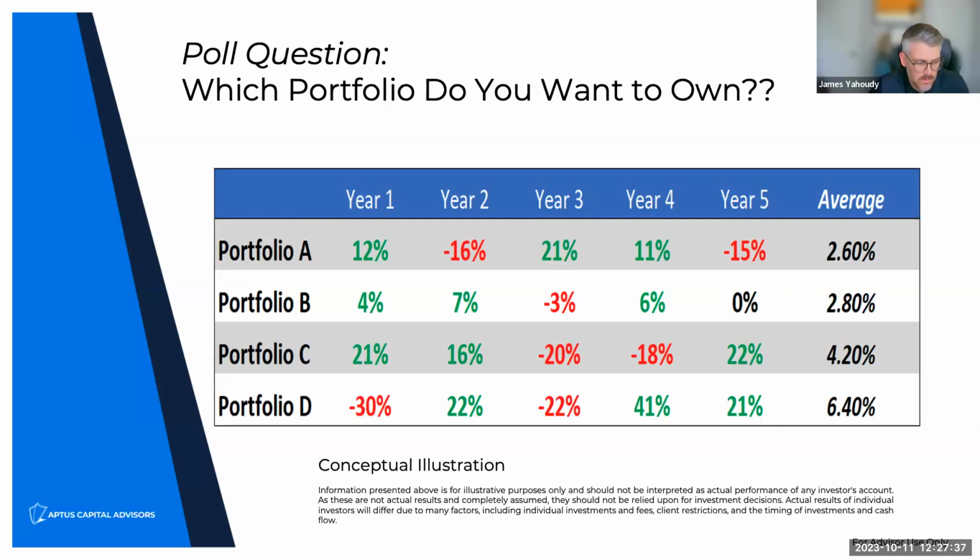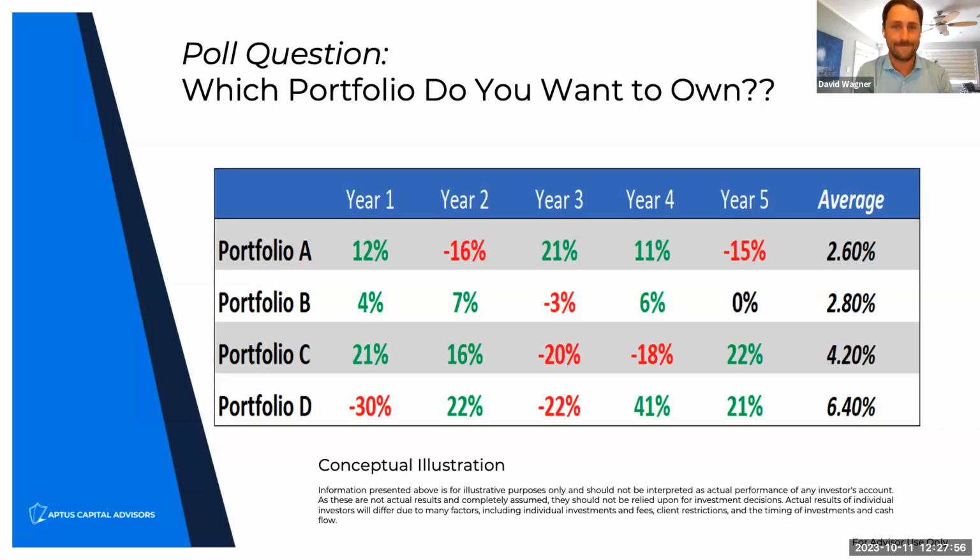All right. The choice from the bulk of the population is C, which is interesting.